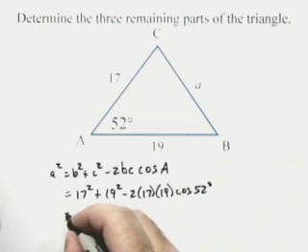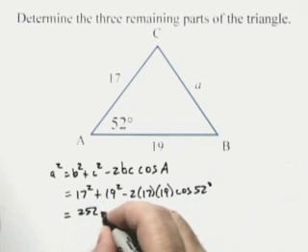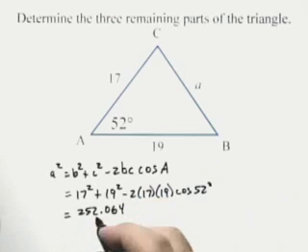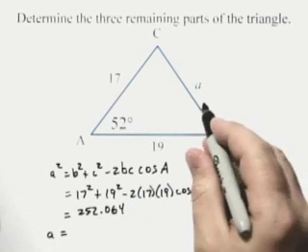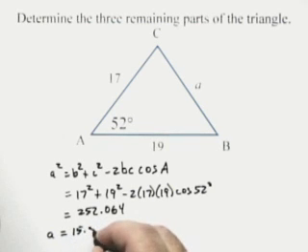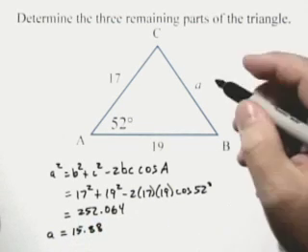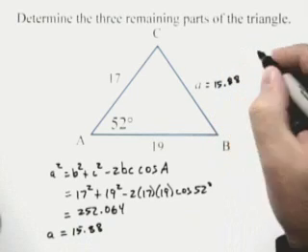If we evaluate that, we'll have A squared is equal to 252.064, and take the square root of both sides, using the positive square root since we're dealing with the length of a side, and get that A is 15.88. So our third side A is 15.88 units.